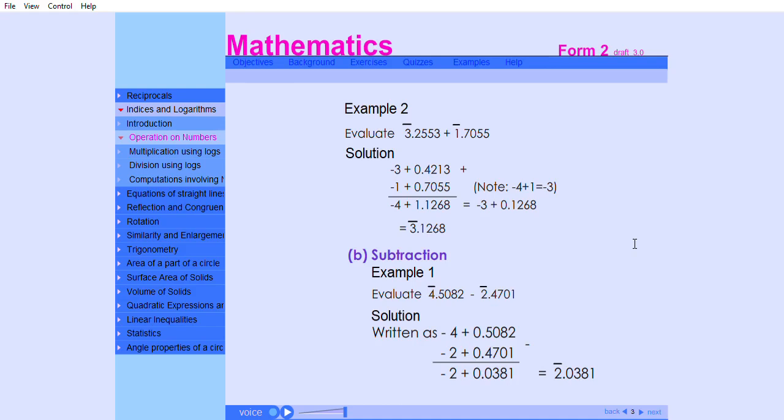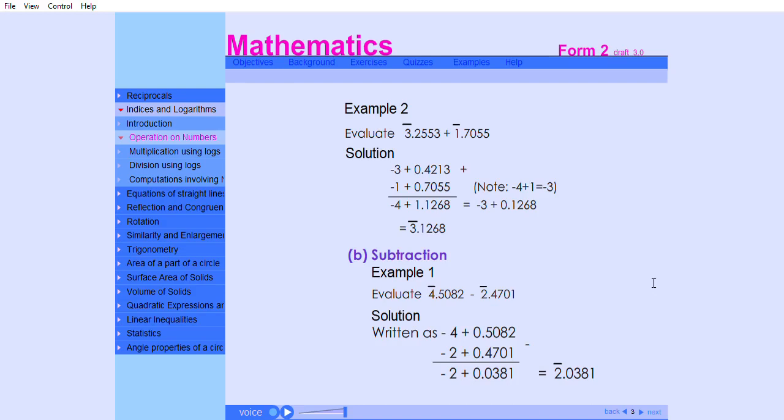Note that -4 plus 1 is equal to -3, which is equal to -4 plus 1.1268, which is equal to -3 plus 0.1268. This is equal to bar 3.1268.